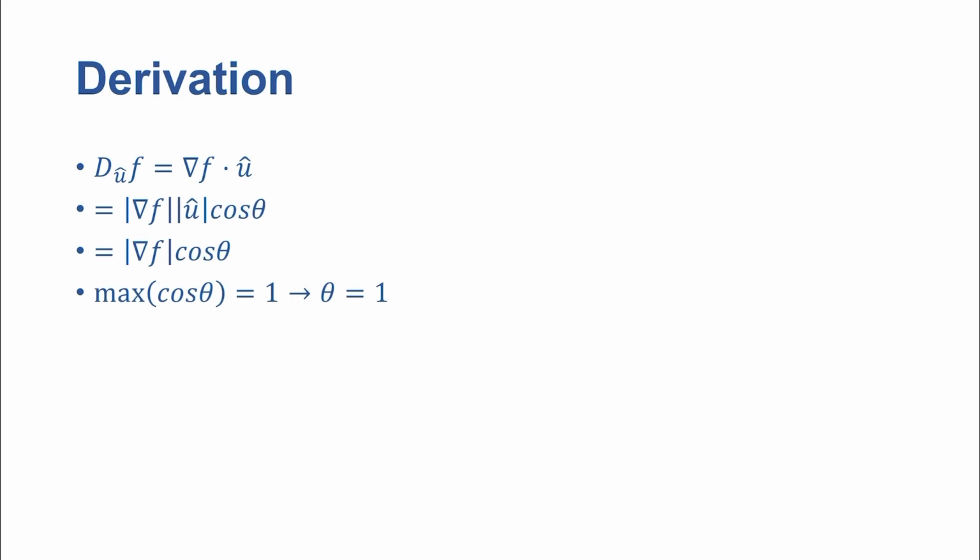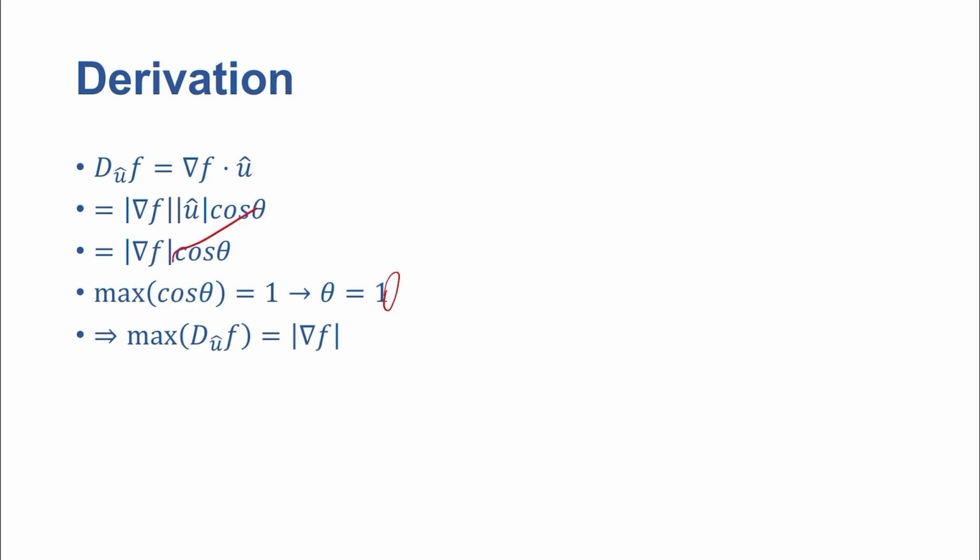However, we also know that the maximum of the cosine of theta is equal to 1. So if we want to make this the maximum, then theta will equal 0. Theta won't equal 1, theta will be 0. So what does this mean? This means that the maximum of the directional derivative of f is just equal to the magnitude of nabla f, because the cosine of theta becomes 1.